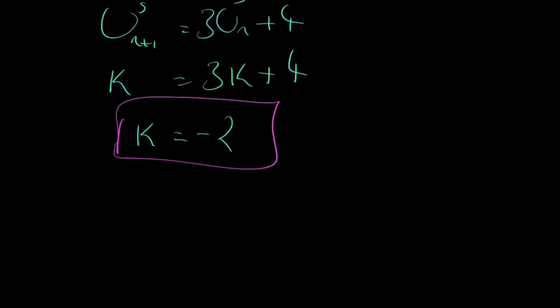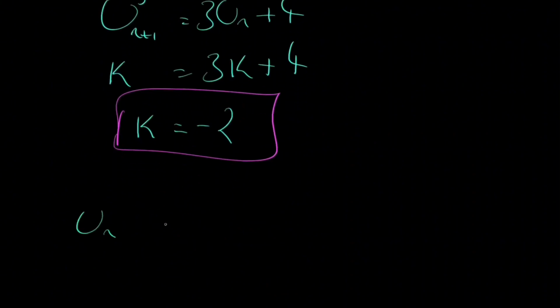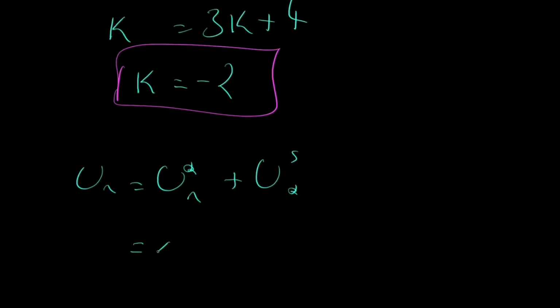To conclude, u_n is equal to u star plus u singular, which is lambda 1 times 3 to the nth power minus 2.